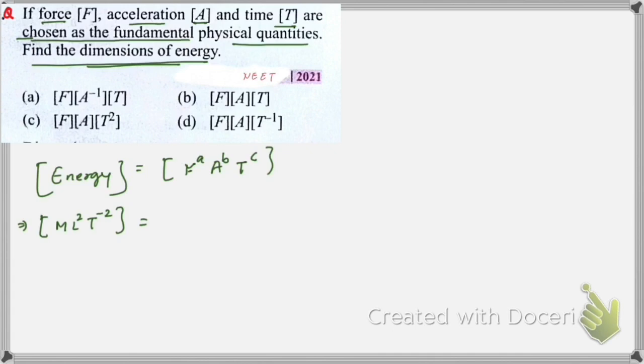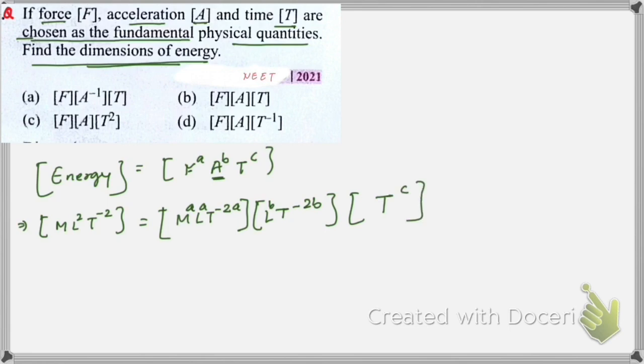And here let's put the dimensional formula of force, which is M L T to the power minus 2, and as there is power a, it will be M to the power a, L to the power a, T to the power minus 2a. Then the dimensional formula of acceleration is L T to the power minus 2, and with power b, we can write L to the power b, T to the power minus 2b. And the dimensional formula of time is simply T, so T to the power c here.